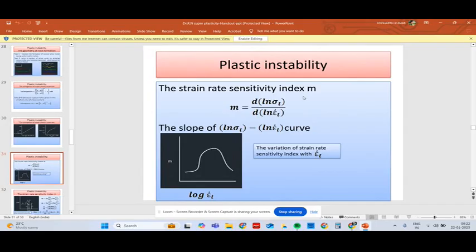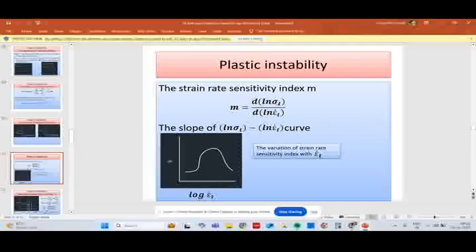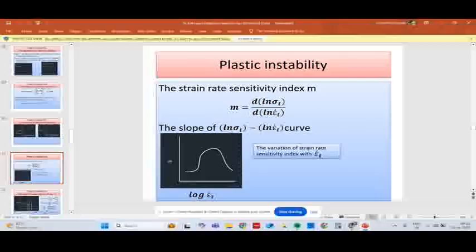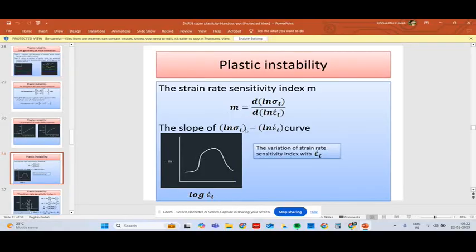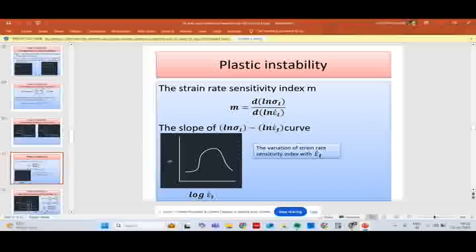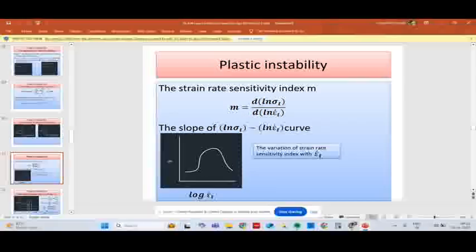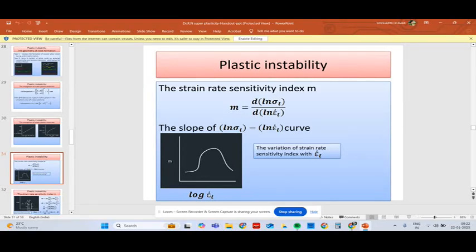This is plastic instability. The strain rate sensitivity index m is given by d of ln sigma divided by d of ln epsilon dot, the slope of the ln sigma versus ln epsilon dot curve, where m is the strain rate sensitivity. This plot is made between m and logarithmic strain rate.